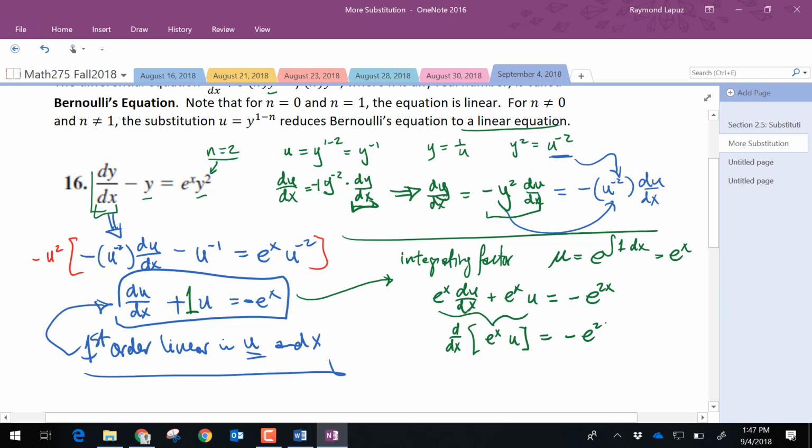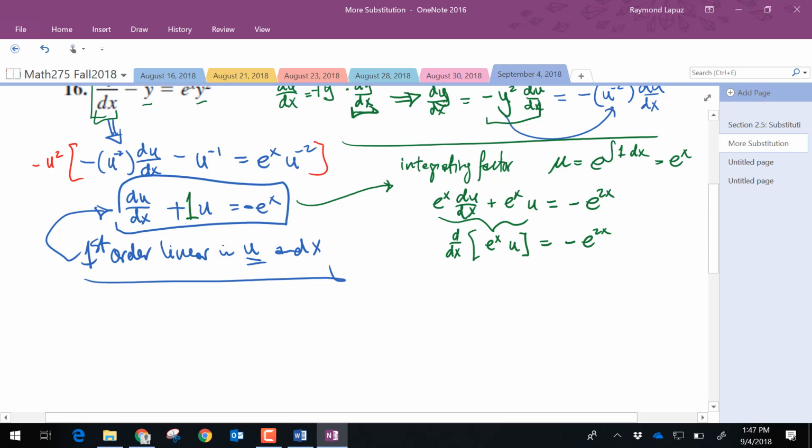And then we're going to integrate. The integral of this is going to be u substitution, e to the 2x divided by 2. And then we get a constant on the outside of that. And then we'll divide by e to the x. And you get negative 1/2 e to the 1x plus, and then you can write this as e to the negative x times c, or c divided by e to the x, it doesn't matter.